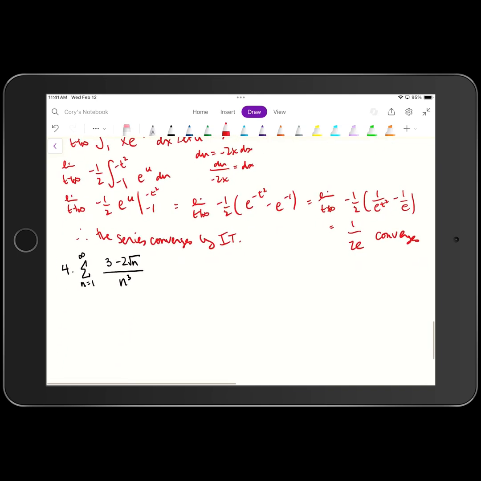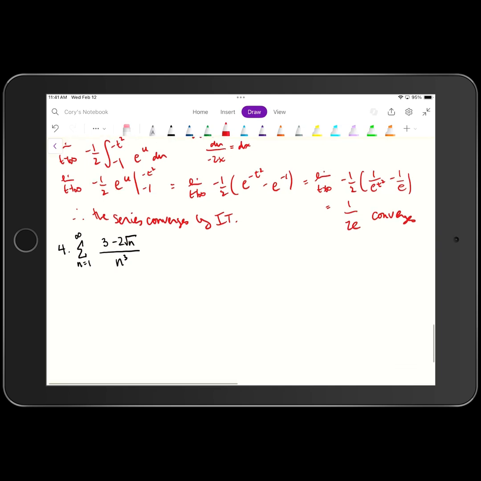Okay, last example, we have the sum from n equal to 1 to infinity of 3 minus 2 rad n over n cubed. And I'm going to do a little bit of algebraic manipulation to this. So I can rewrite this as the sum from 1 to infinity.